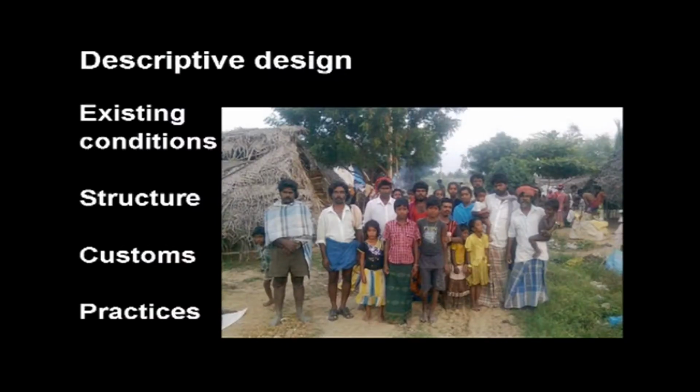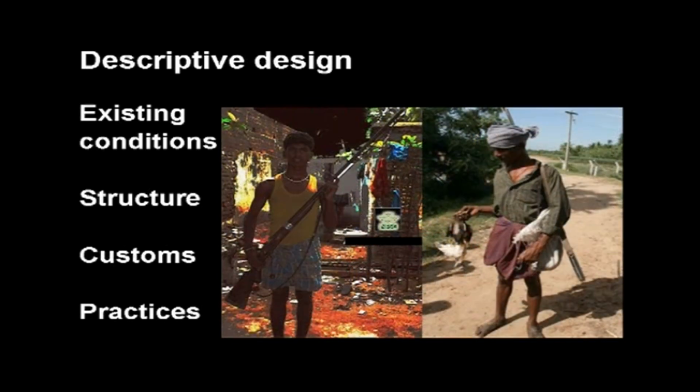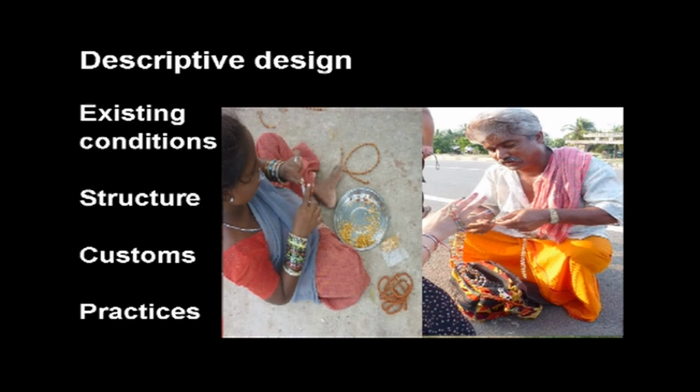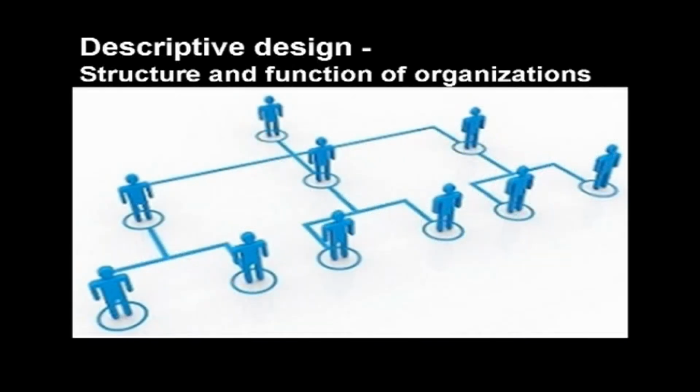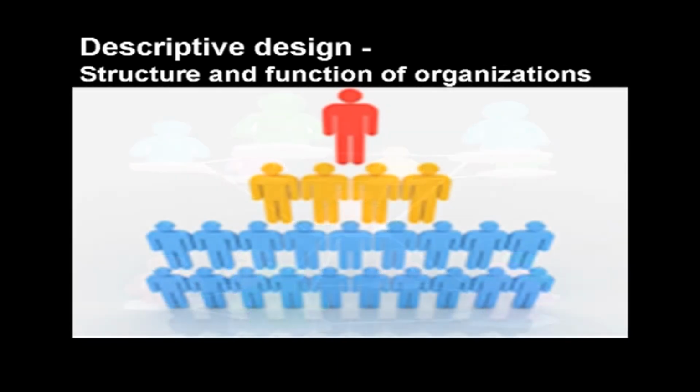For example, a researcher may take up the study of a particular tribal community. Here, he will collect and present the data with an elaborate description of the existing conditions, structure, customs and practices of the tribe. Other than this, there may be studies explaining the structure and function of organizations that can be grouped under descriptive design.